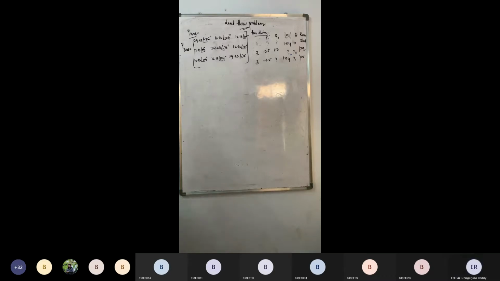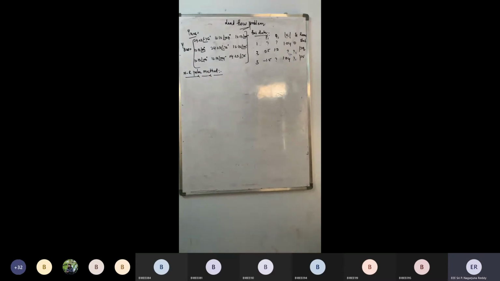Now we will move on to our first method, which is the Newton-Raphson polar method.